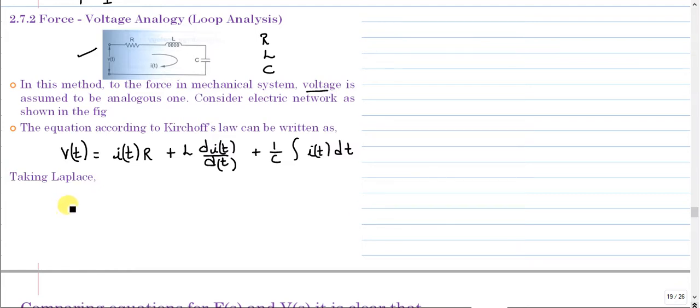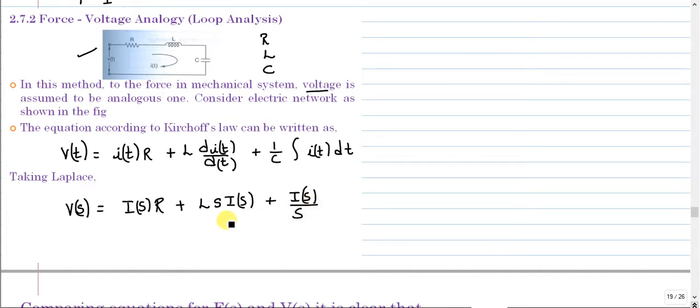Taking the Laplace transform, the time domain changes to the s domain: V of s is equal to I of s into R plus L into the differentiation, as I said, s into I of s, where L is constant, and finally for the integration, this will become 1 by s, that is I of s by s.